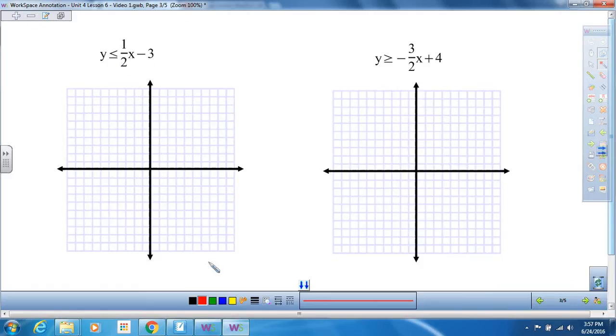Alright, so again, I'm going to graph this just the same. I'm in slope-intercept form, so I'm going to start at -3. My slope is 1/2, so up 1, right 2. Or down 1, left 2. Okay, it's equal to, so I need a solid line.